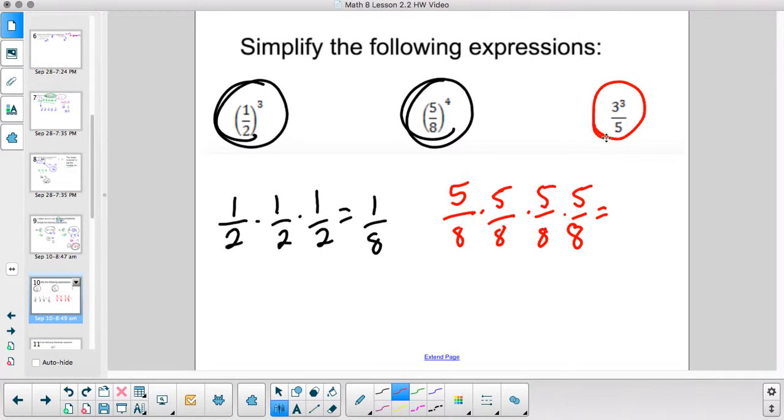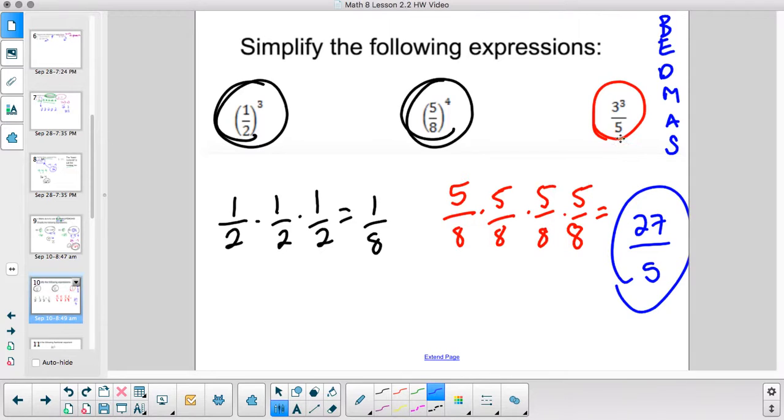And then this one was a little bit different because this one was 3 cubed and then divided by 5. So remember how exponents come first in our order of operations? 3 cubed, which would be 27, and then it's divided by 5. So this one was a little bit different.